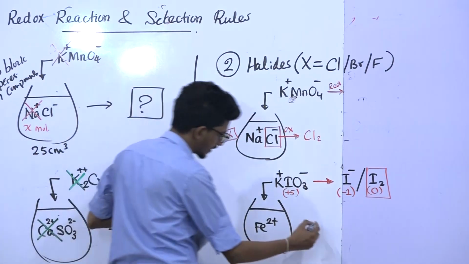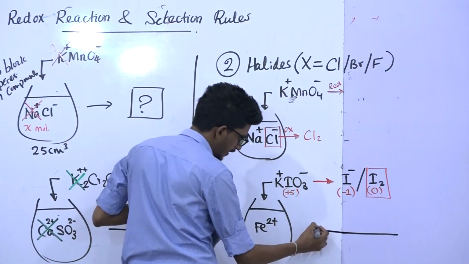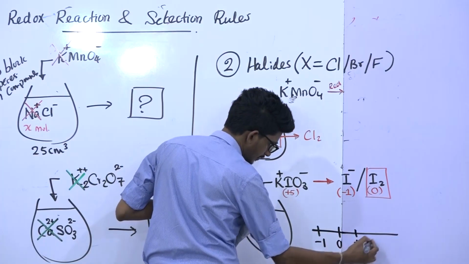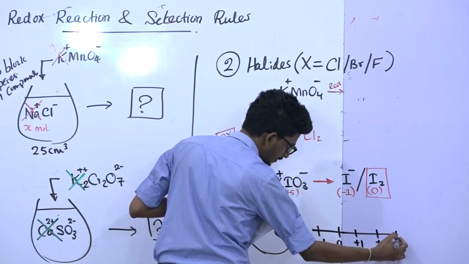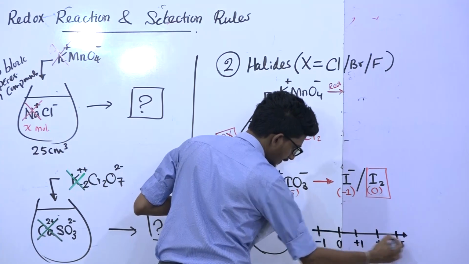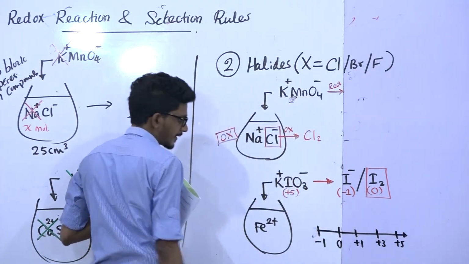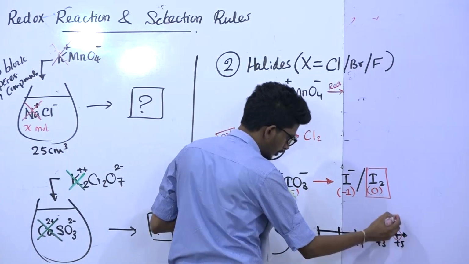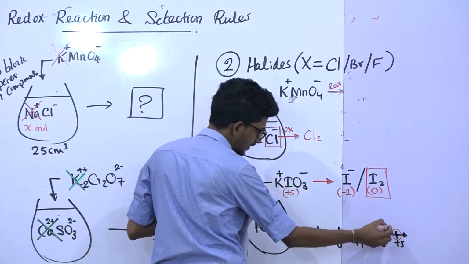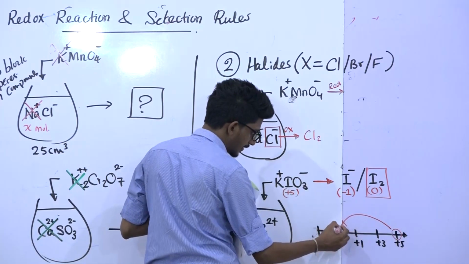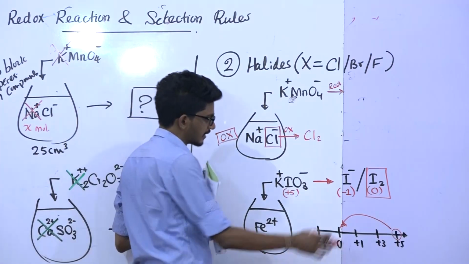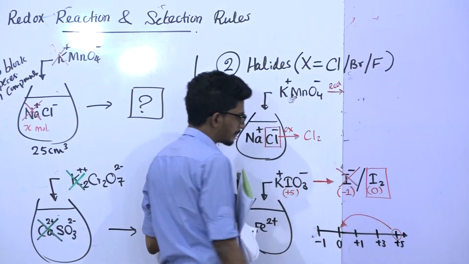You are with a range of oxidation states for iodine: -1, 0, +1, +3, +5. You are here with +5. The closest possible is 0, not the -1. So, in this case I2 will be the product.